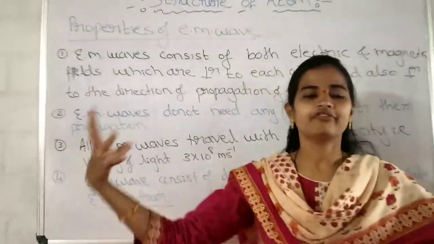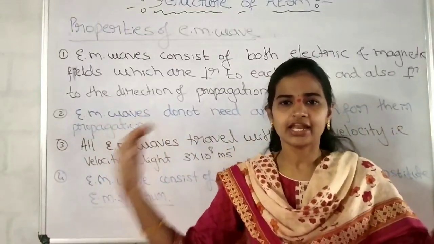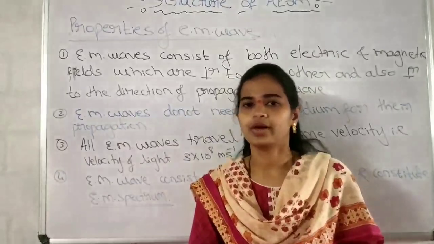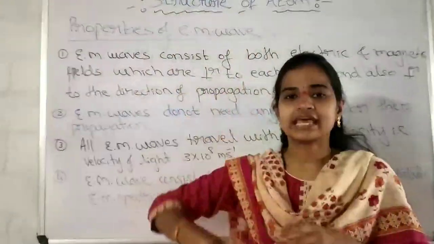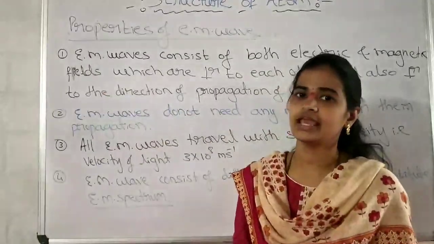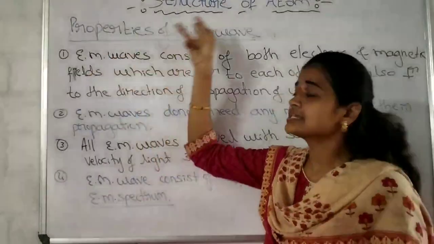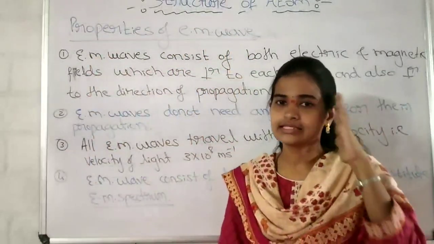I said that different radiations set together, that arrangement itself is called the electromagnetic spectrum. If they ask for Maxwell's theory of electromagnetic radiation, this is what is to be written, or if they ask for properties of electromagnetic radiation, the same you have to write. Is that clear, students?